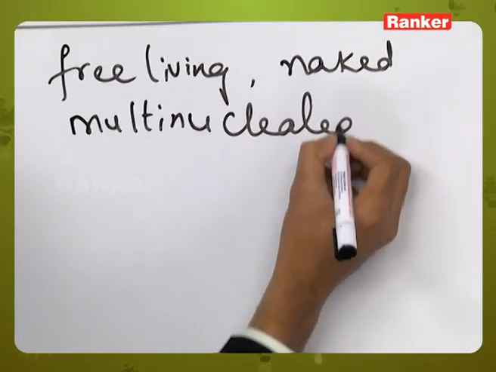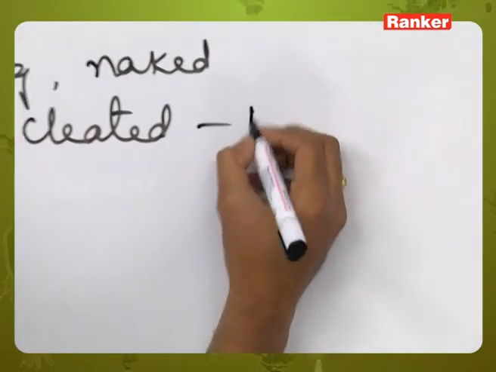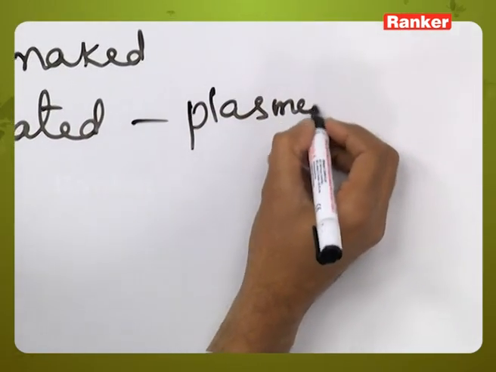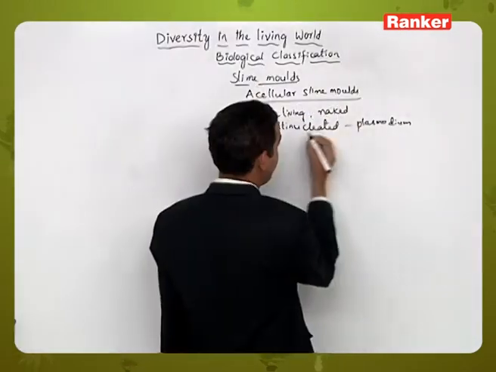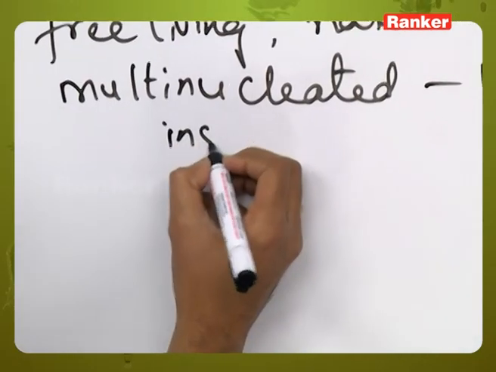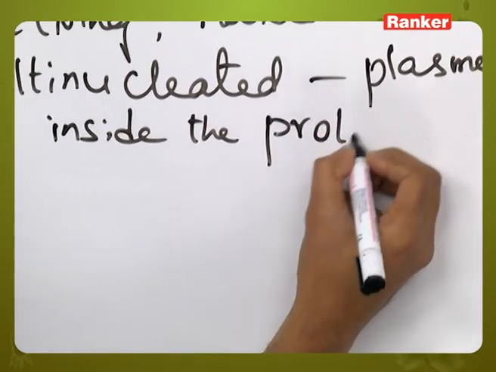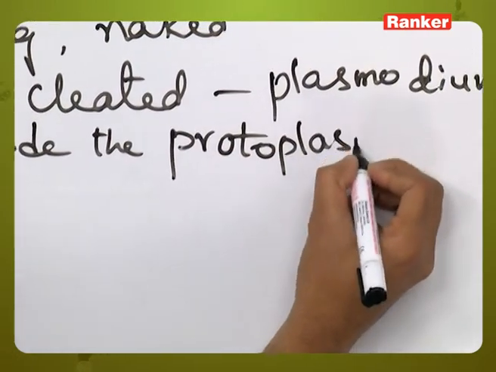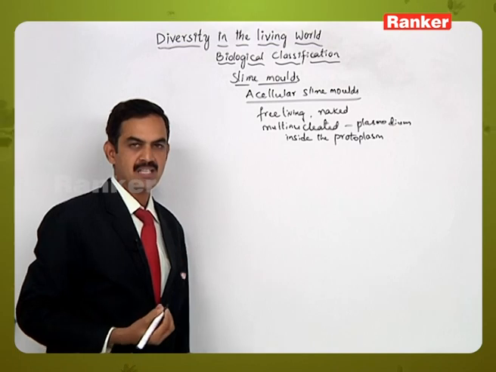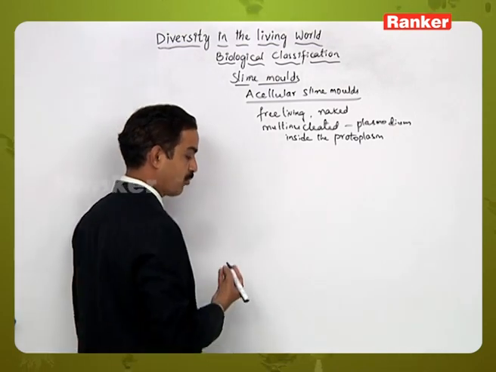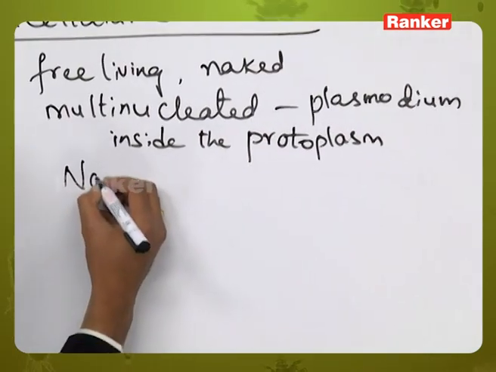This multinucleated structure is called a plasmodium. This multinuclear structure is present inside the protoplasm. This protoplasmic content along with the multinucleated structure is called a plasmodium, and here they have the nucleus.